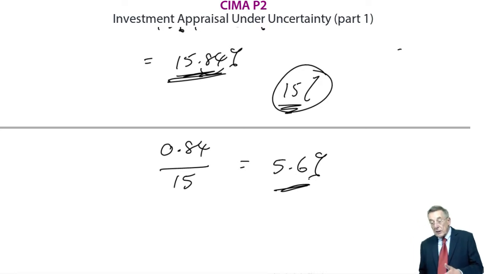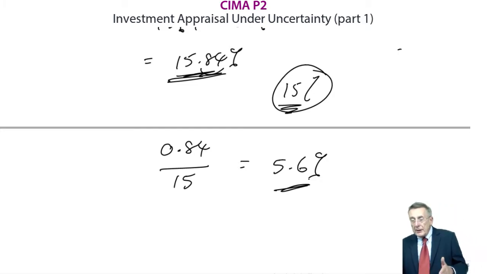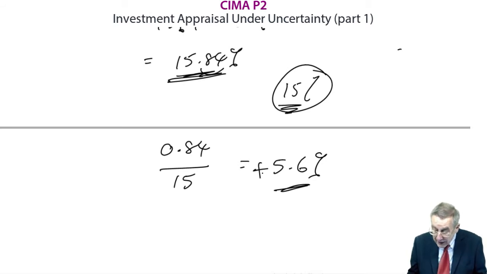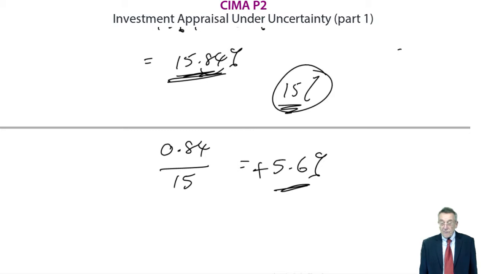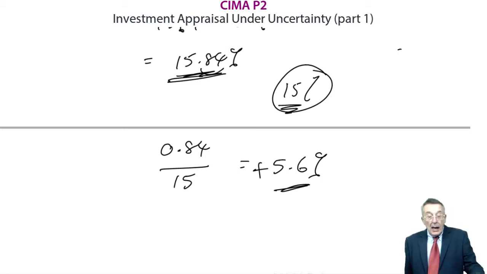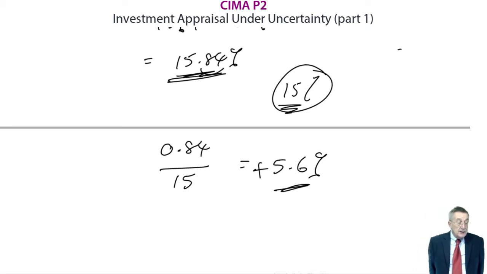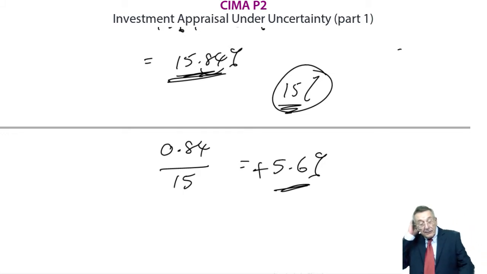If it changes by more than 5.6% of 15, then it's not worthwhile. And as I was saying earlier, we should show a direction. I'm only worried if the cost of capital increases, but there we are. Finally on this, and it's basically what it says, advantages of sensitivity, or comments and advantages go with it. The relevance of sensitivity, you see.